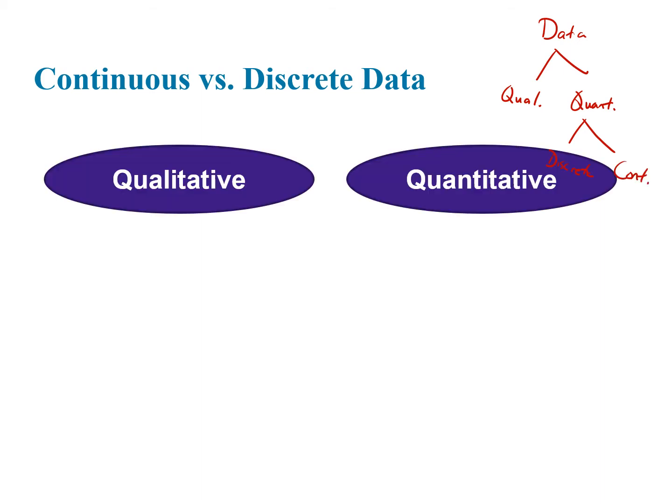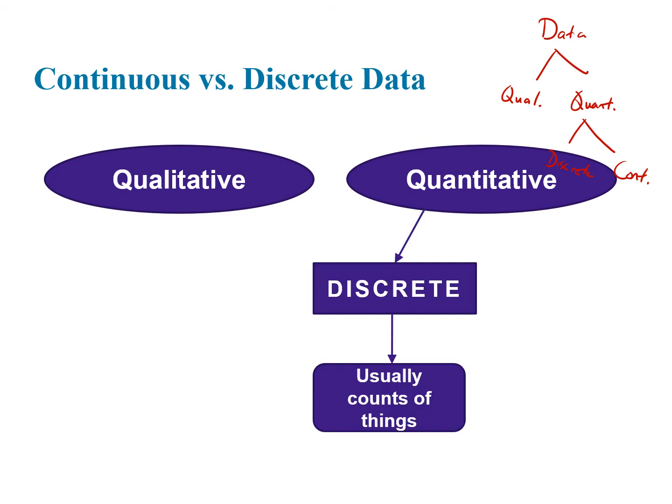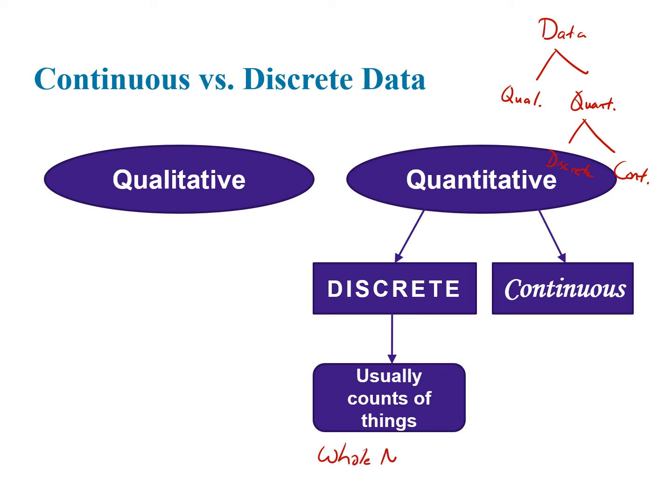So the difference being, quantitative data is discrete if you're counting something. So discrete data just means you are counting the objects. So discrete data is only going to be whole number values, or the counting numbers.